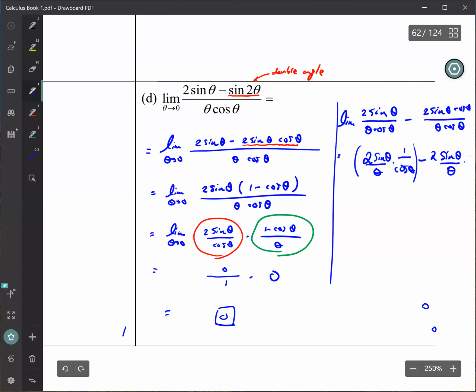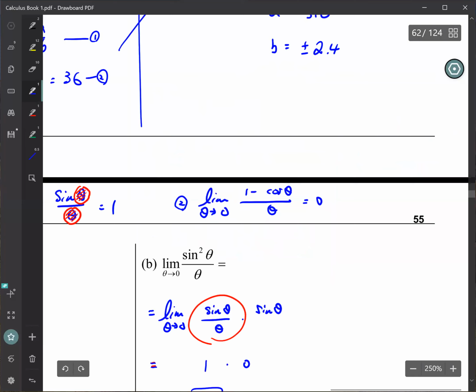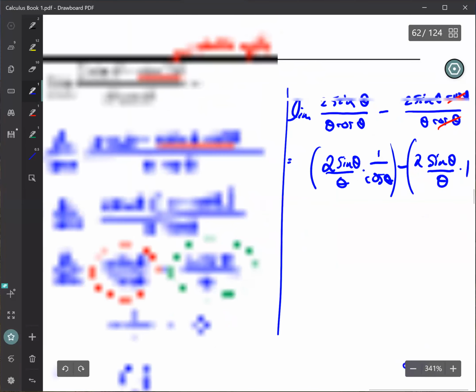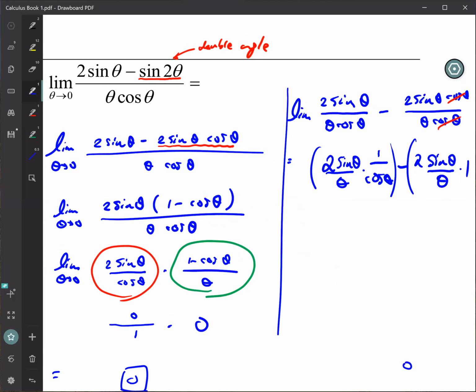So times it by 1. The cosine for the second part can cancel them, so that gives you a 1 there. And then it's 2 times 1 minus 2 equals 0. I think that took way too long though compared to the way I'm supposed to do it.